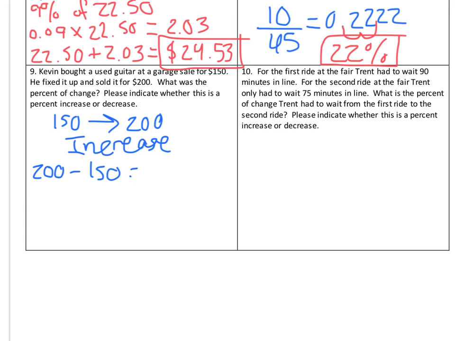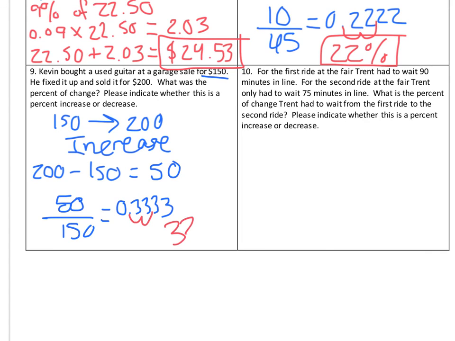And when I do that, I get 50. 50 is my top number. I started with 150. That's my bottom number. And then I divide 50 by 150 to see what I get. 0.3, a bunch of threes. When I change that to a percent, I'm going to round it down to just 33%.